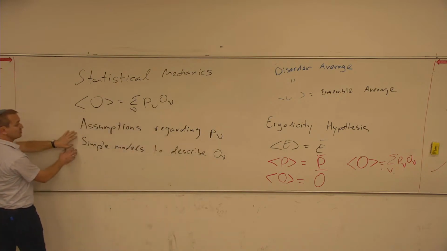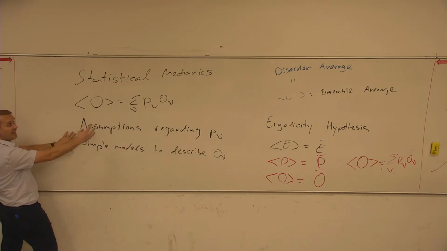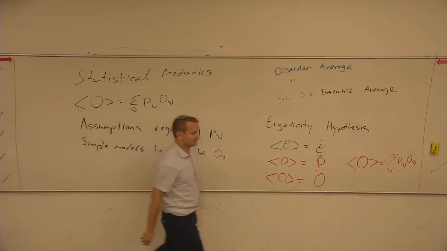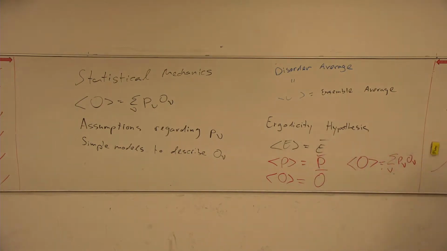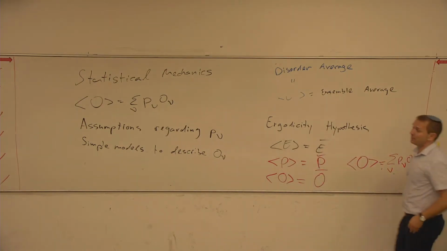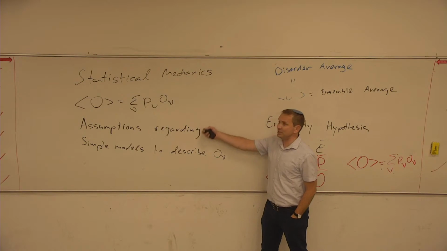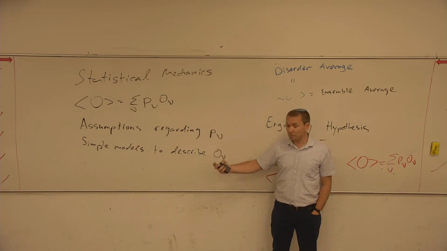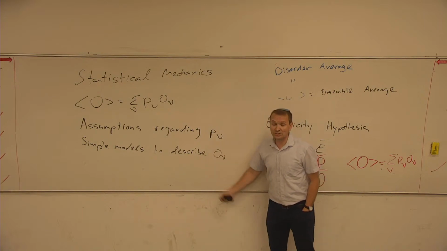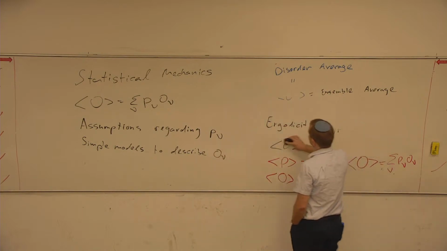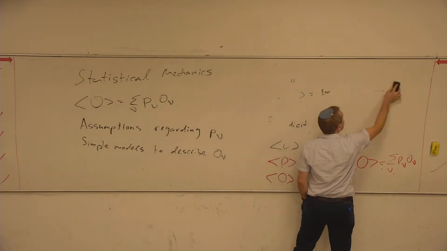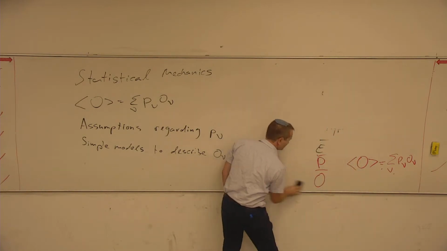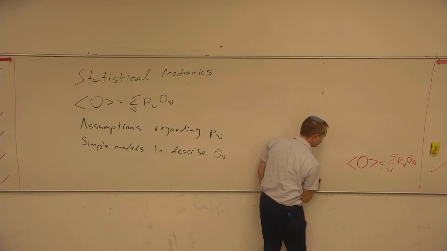I can make assumptions about how those different states appear by using simple models, and that's it. So what we are going to do now is describe where those P nus are coming from. We use different ensembles to describe them, and we use simple models to describe those observables, O nu. The first part is extremely simple. It's called the microcanonical ensemble.